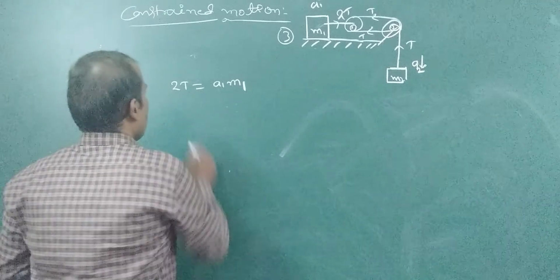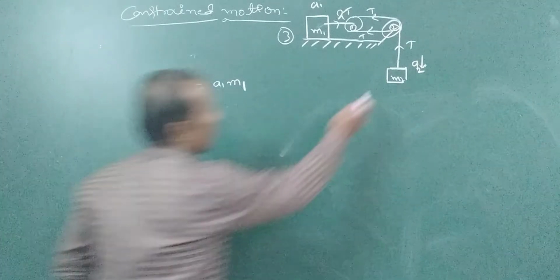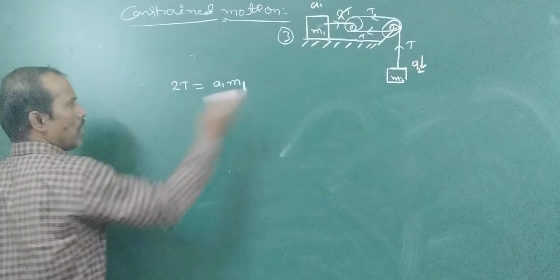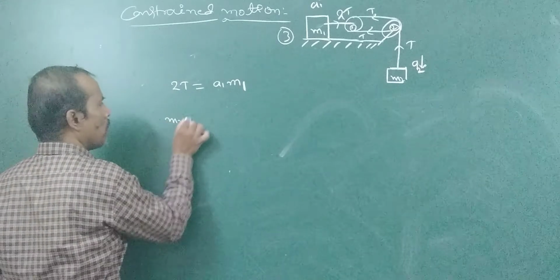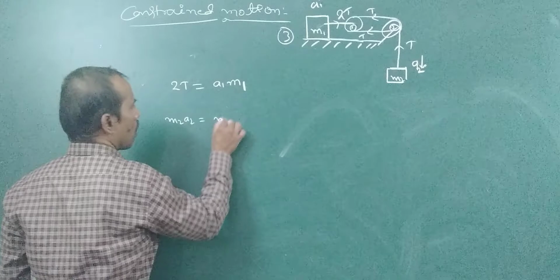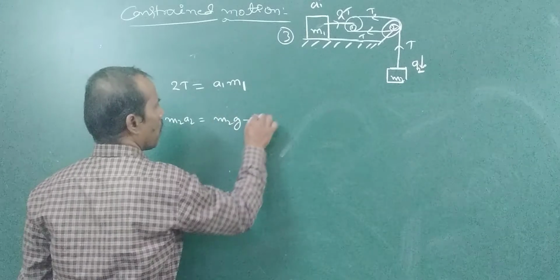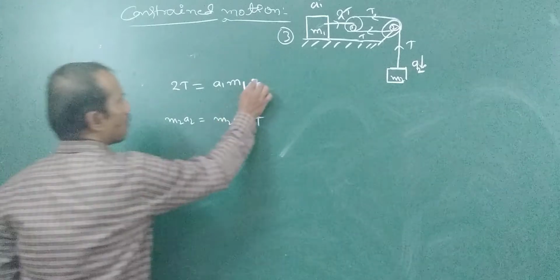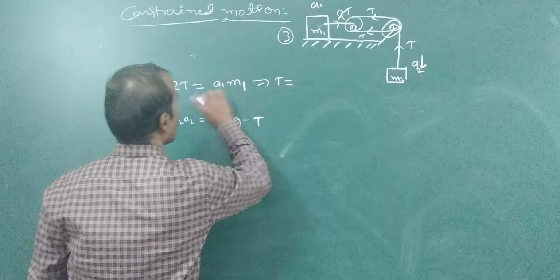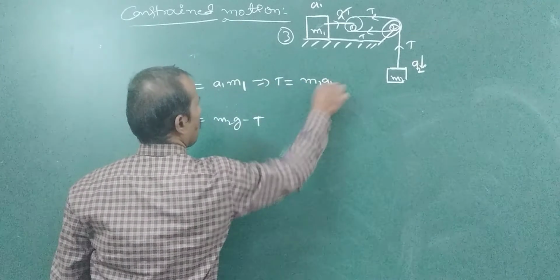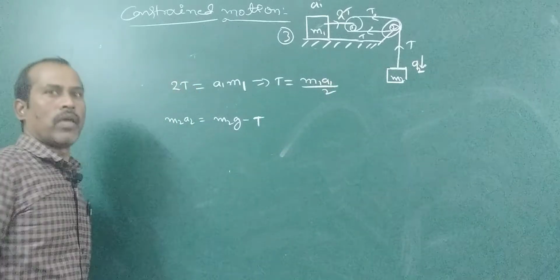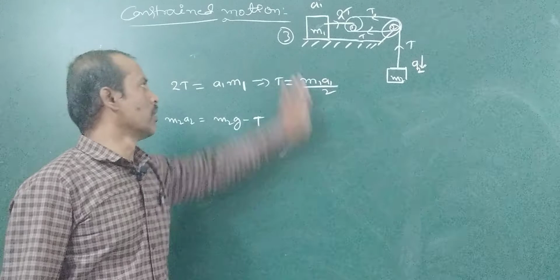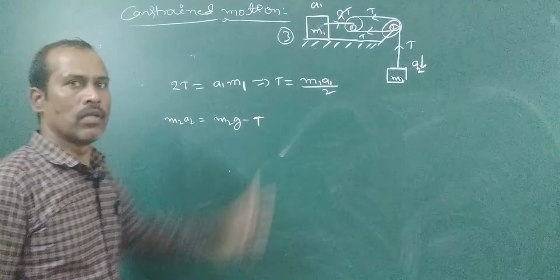Next, the m2 block is moving downwards. So the net force on that block, m2 a2, is equal to m2 g minus T. Substituting the T value, T is equal to m1 a1 by 2, the tension in the string.